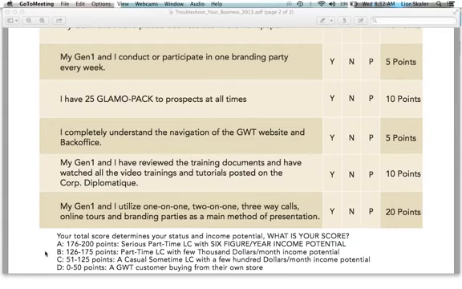Now, you are on the lower end of the B group. So you're almost at a C. So you're kind of in between a few $100s a month and a few $1,000s a month. And so if you know that you're not happy with that and you want to get to the next level, then you now know exactly what you need to do to get there.